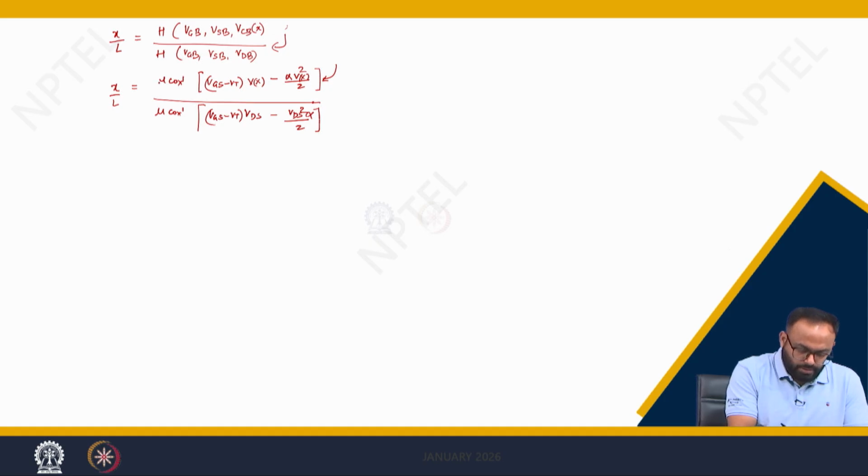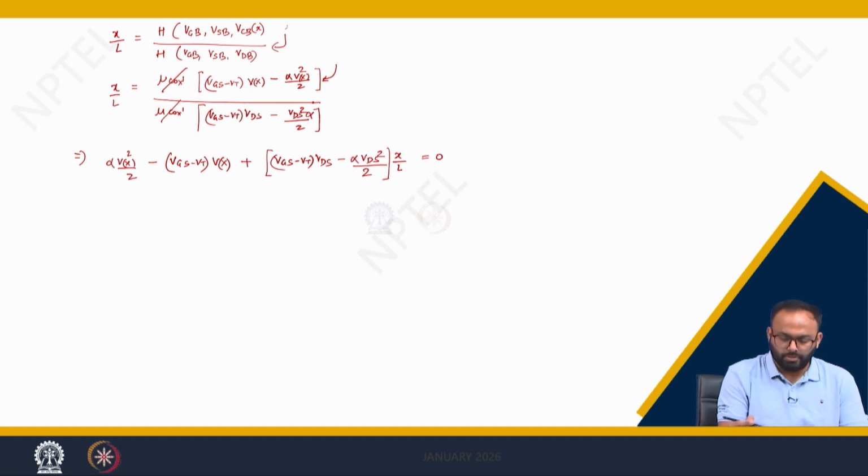From here this mu into COX will get cancelled. Ultimately you will get alpha into Vx square divided by 2, minus VGS minus VT into Vx, plus VGS minus VT into VDS minus alpha VDS square divided by 2, into X by L is equal to 0.